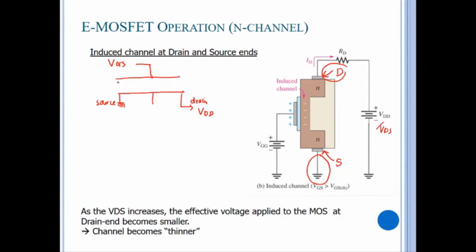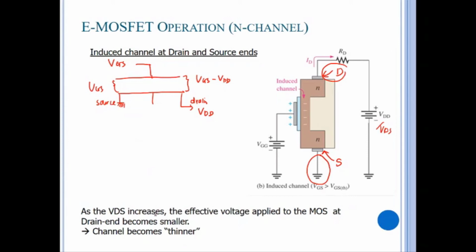For example, the effective voltage applied to the capacitor at the source end is VGS, because the source is grounded. But in the drain, the effective voltage across the capacitor is VGS minus VDD, because we have the application of voltage here. So we see the voltage at the drain end will be much smaller than the source end.